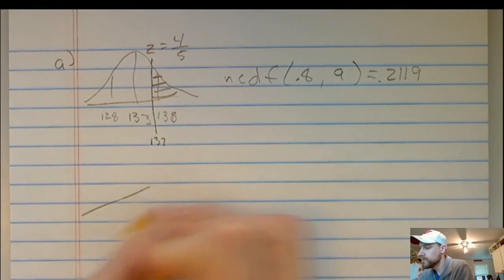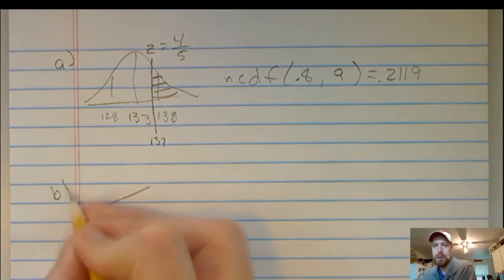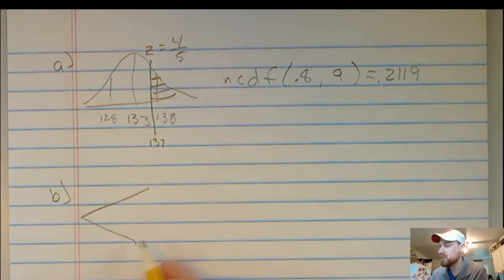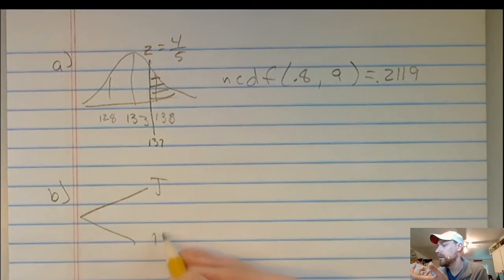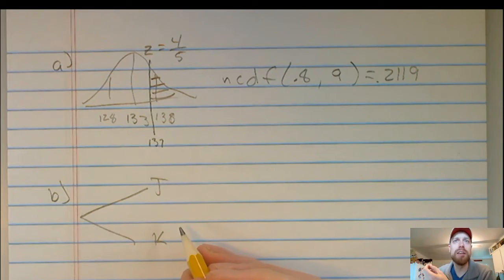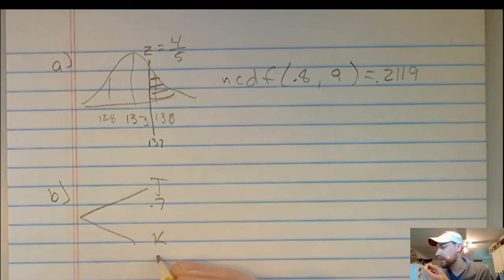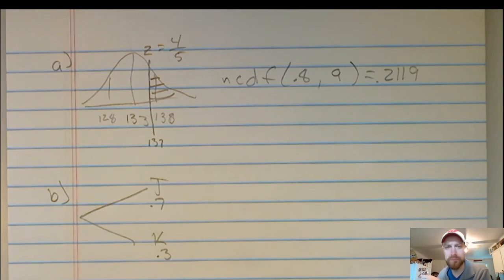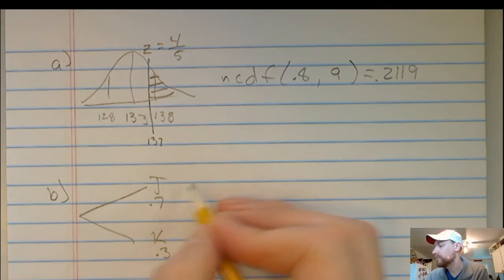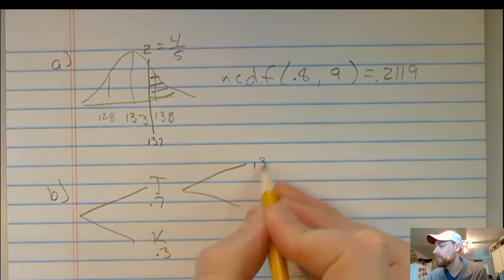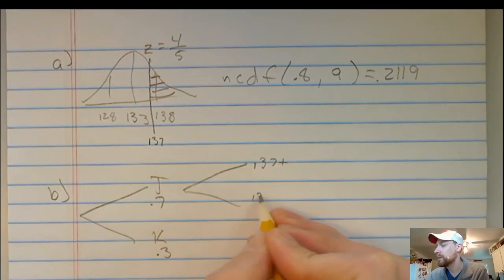For B, we're going to have two branches. This is going to be which distributor did it come from, J and K. J is 70%, and K is 30%. Now, from all of these, we have a greater than 137 plus and 137 minus.